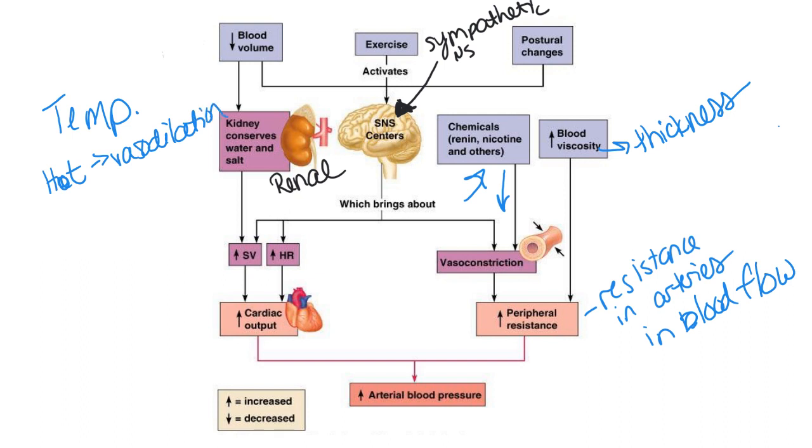So if I'm doing a vasodilation response, I'm going to decrease resistance, which will in turn decrease my pressure, right? When it's cold, we see a vasoconstriction response. And as we just mentioned, vasoconstriction is going to increase peripheral resistance, which will increase our pressure.